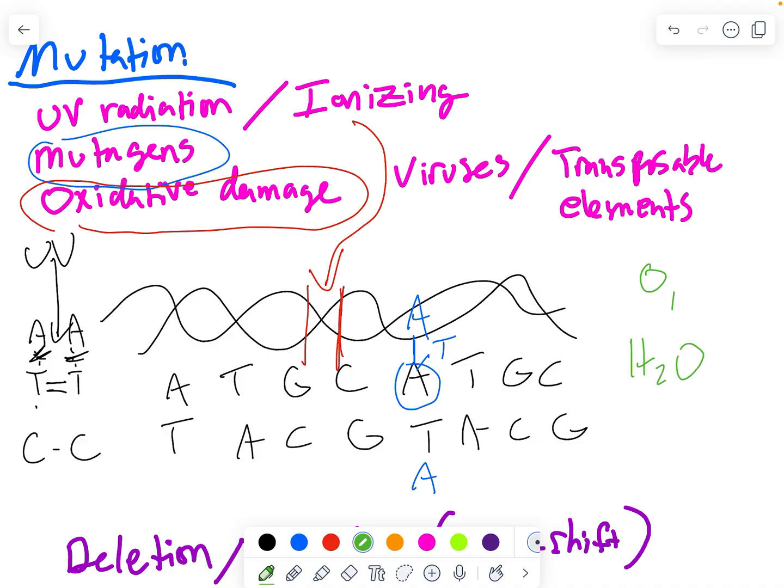But that process is imperfect, and some of those oxygen-free radicals escape, and they're highly reactive, right? They want to react with anything that they can react with, and one of the things that they'll react with are the nucleotides inside of our cells. In essence, they're going to damage those nucleotides such that they don't behave normally. So in the same way that the mutagen changed the behavior of that adenine, oxidative damage is going to do the same thing.